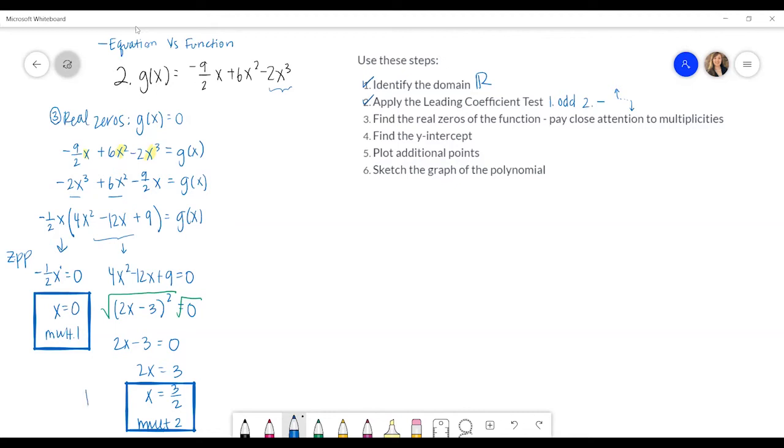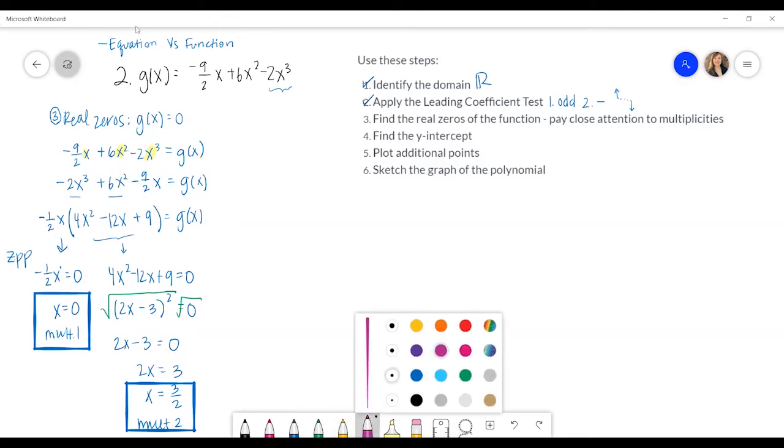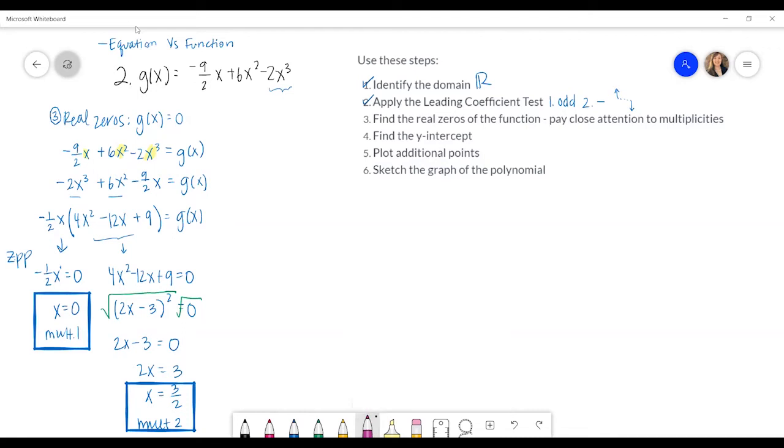So it's going to touch that point and then return back in the same direction. And then this one, because it's an odd multiplicity, will cut through it somehow, right? It'll actually cross. So let's take a moment and let's also find the y-intercept.